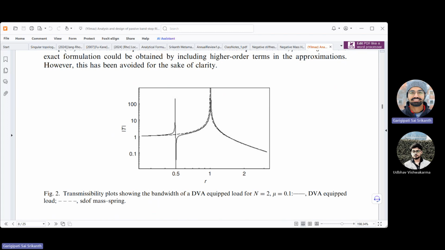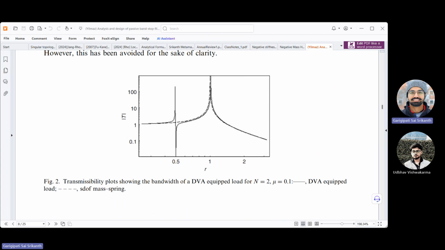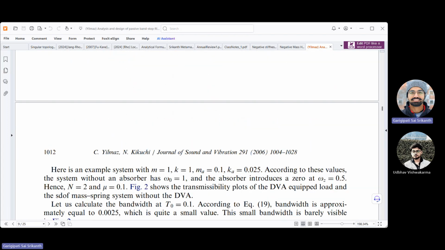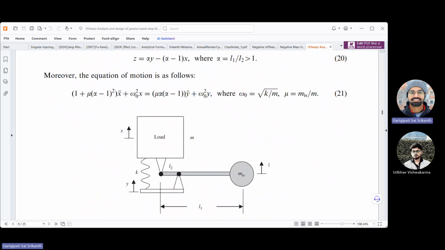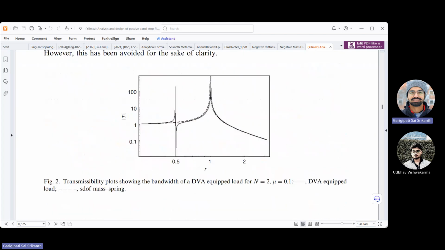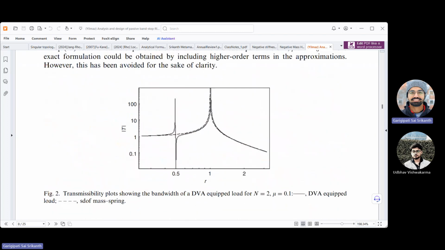This peak has not changed. Instead, we get another peak here and a dip. So we get an extra peak apart from the original peak. So it doesn't really seem that interesting. We couldn't do anything regarding the peak, and we got an extra degree of freedom for no use.